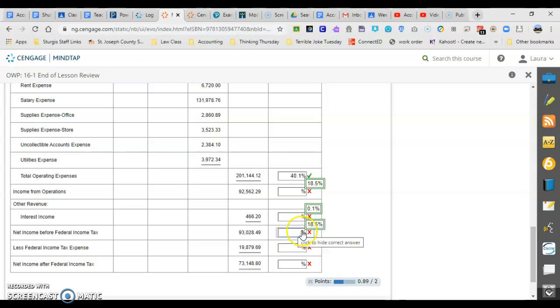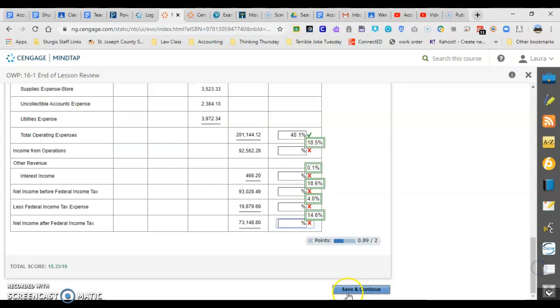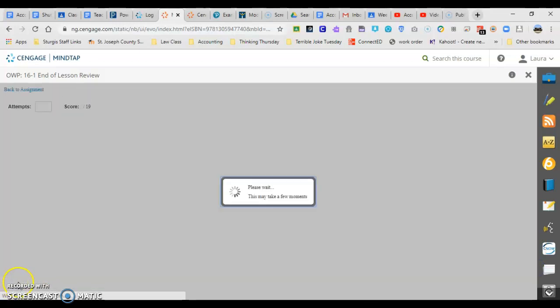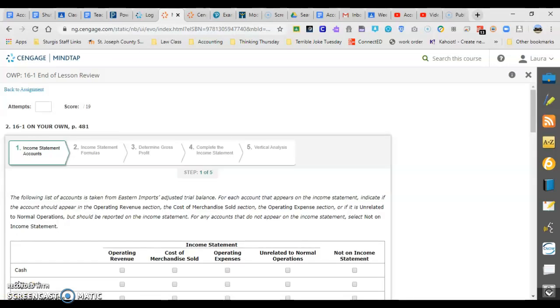Net income before taxes, you made 18.6% of all of your revenue. Your taxes were 4% for federal income tax. And this is what percentage you made out of your total sales, 14.6%. Bottom line is what you made, and that is the income.